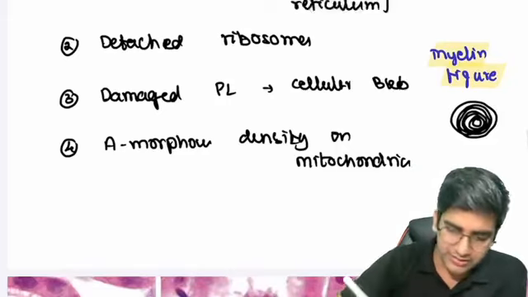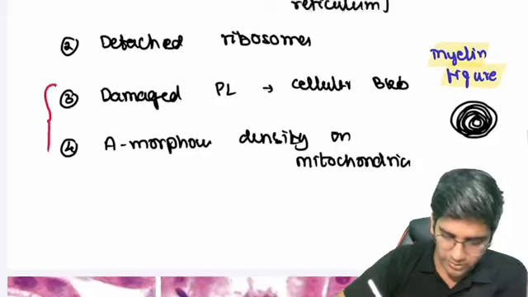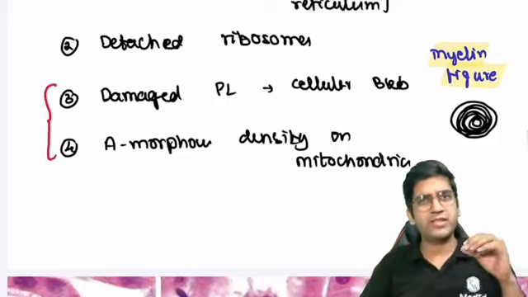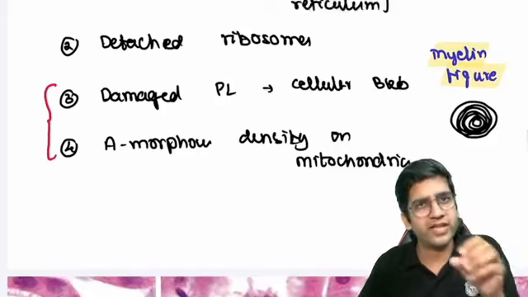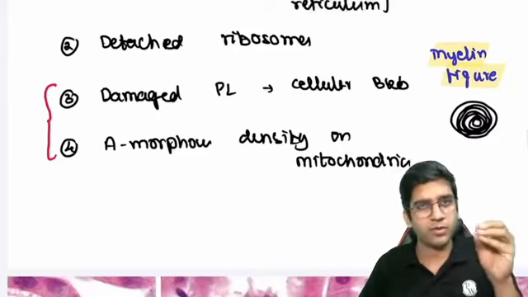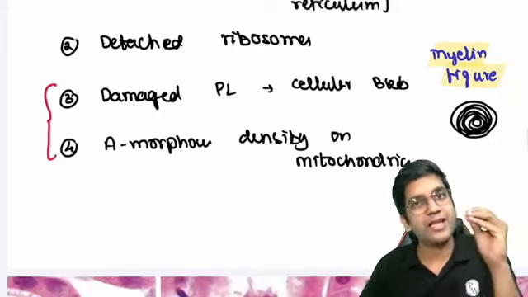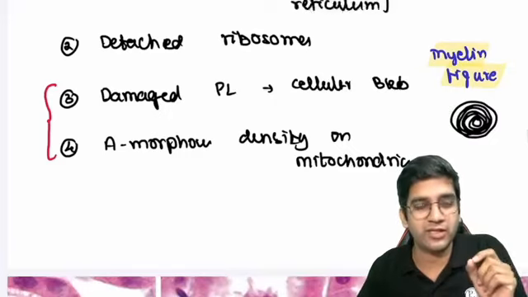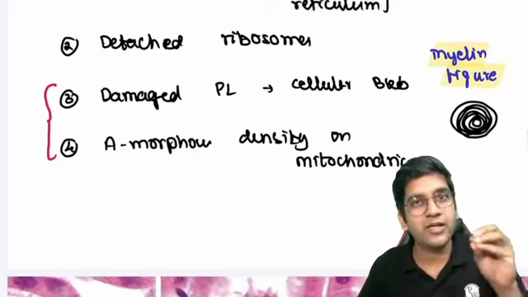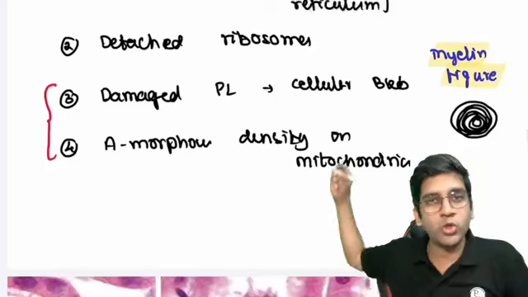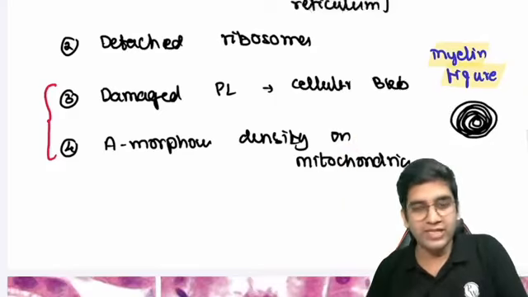Perfect. Now, like I said, these two are a bit unique for me. Now, what do you think will be the next step of irreversible injury? Can I say the cell membrane will rupture? Once it ruptures, it's irreversible, right? Obviously. So when the cell membrane ruptures, listen carefully and answer. Am I right in saying a ruptured cell membrane will also have damaged phospholipids? Will it have or won't it?